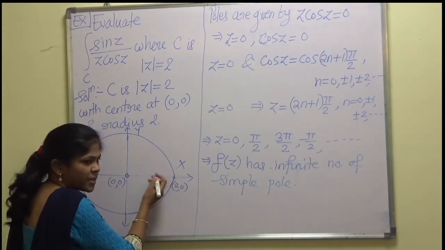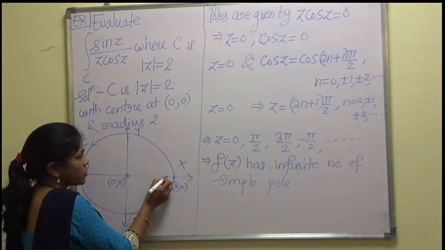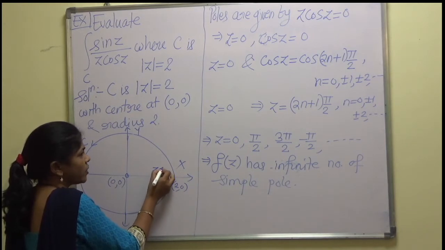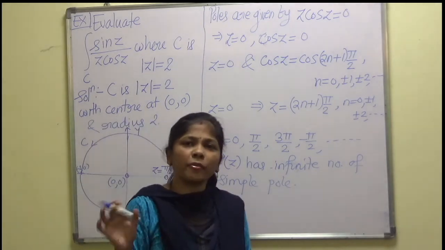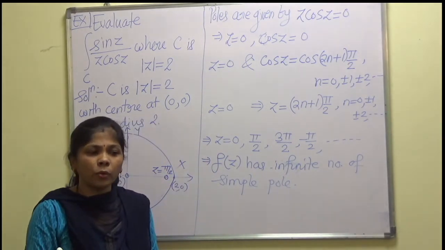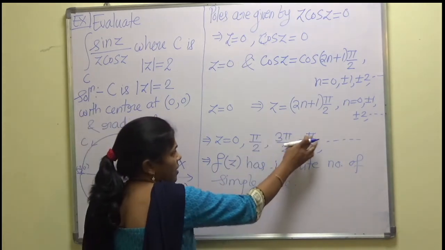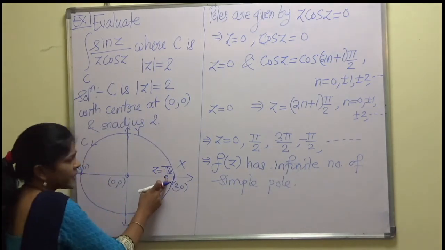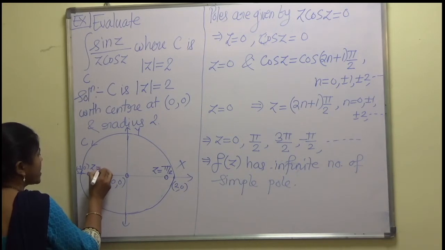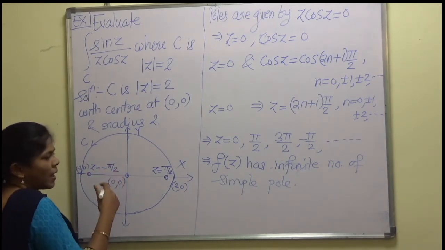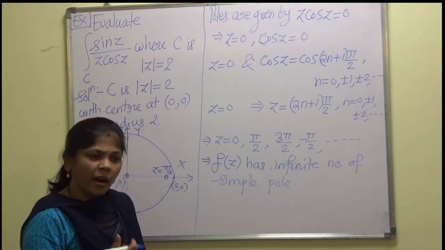That will obviously be inside the circle because the radius of the circle is 2. So just close to 2 we will have the point z equal to pi by 2. Then 3 pi by 2, obviously 3 into 3.14, 9.42 divided by 2, that will be 4.7 something. That goes outside. Similarly, minus pi by 2: if pi by 2 lies inside, then on the opposite side we will have z equal to minus pi by 2. All other poles except these 3 lie outside the circle.